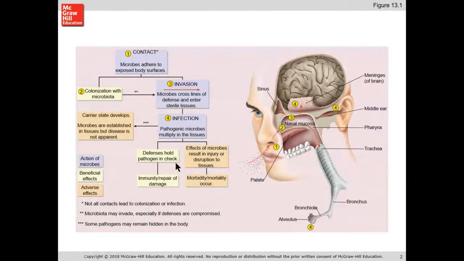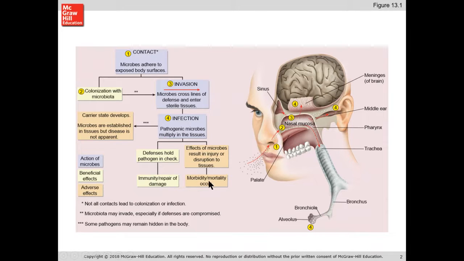Okay, so then your body has a couple of options. You can defeat the pathogen, and then if it was a high enough exposure, you may have formed immunity to it and repair the damage, and everything's fine. The other option is that you can get sick, and that will possibly cause you to have mortality then.